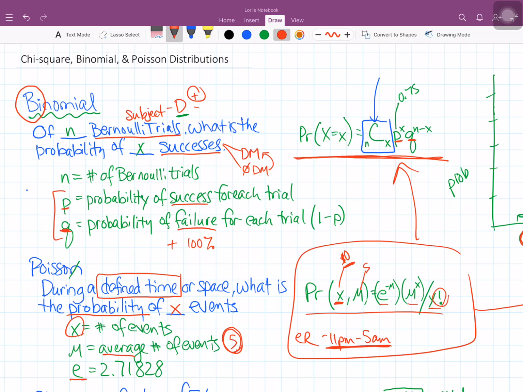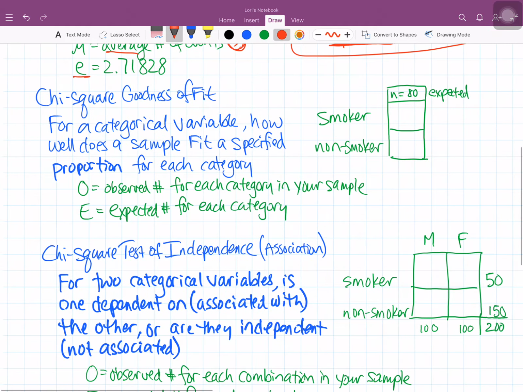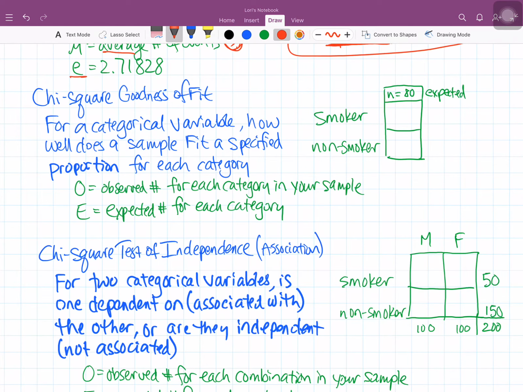So it's helpful to understand different distributions, but I think it's much more helpful to focus on the chi-square types of tests that we need to know about. I will not be including binomial or Poisson on exam questions. It is theoretically possible for those to be included on your, say, CPH exam, because they are included on the exam content outline. That's why I wanted you to know about them.